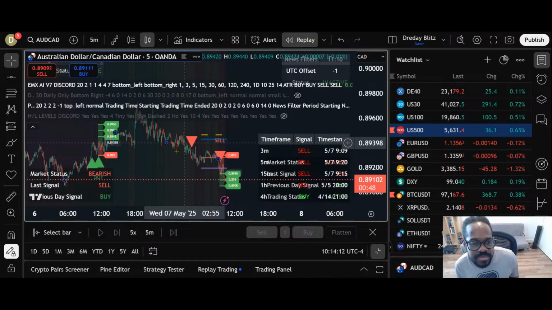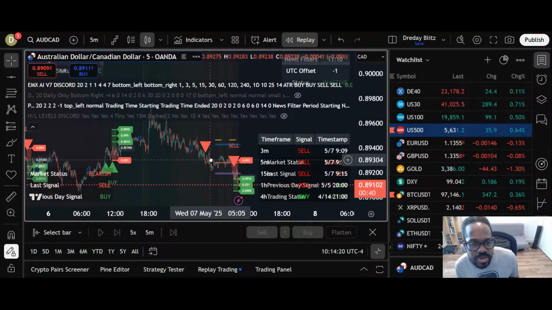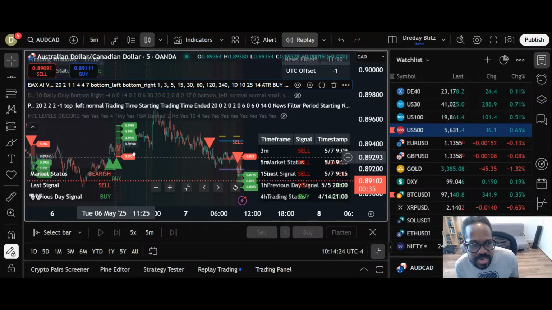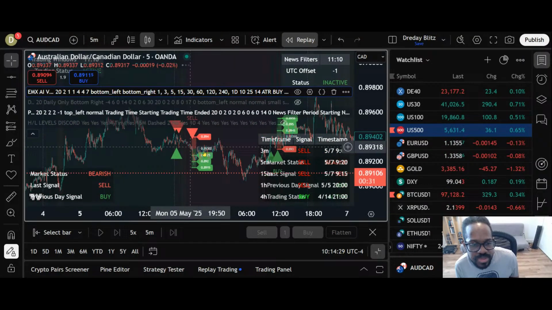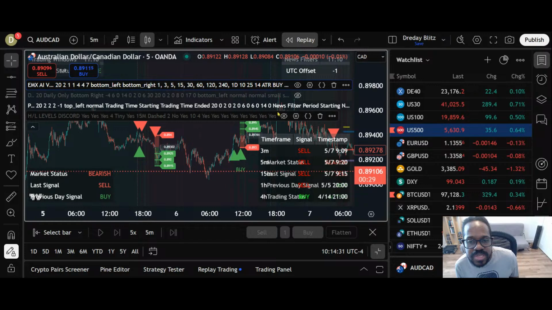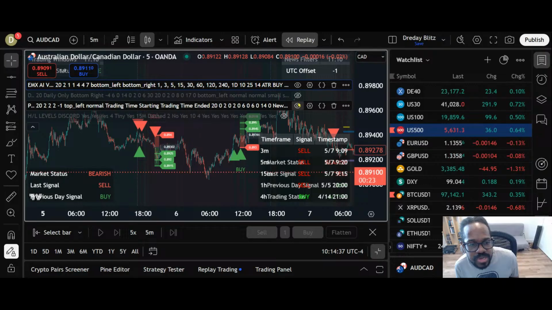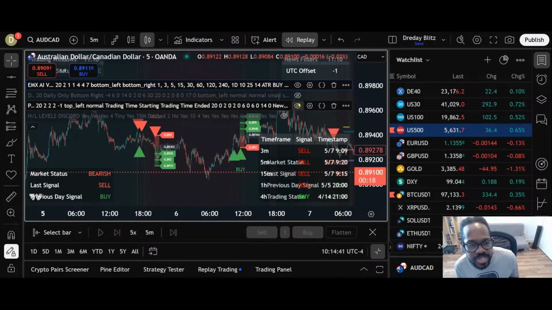So sometimes when you look at the POC, it gives you the entry way before the ADX. Sometimes it's really at the same time. But as you can see, if you add those two together, it's gonna give you the right direction.